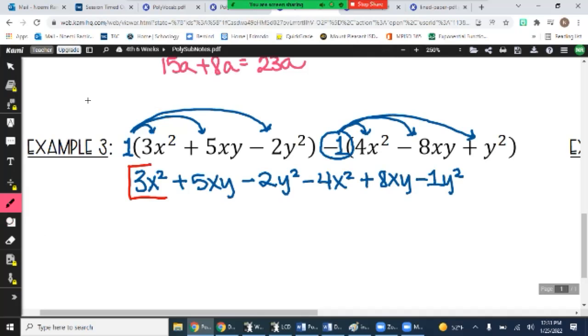All right, so 3x squared combines with negative 4x squared. And what's 3x squared minus 4x squared?